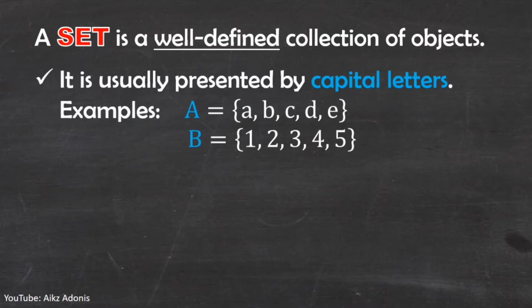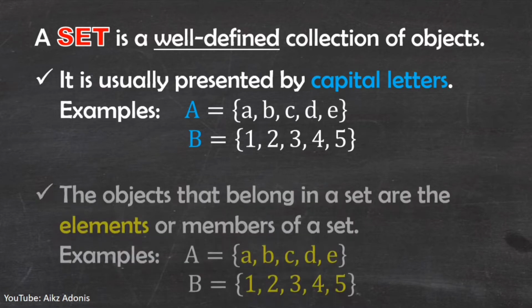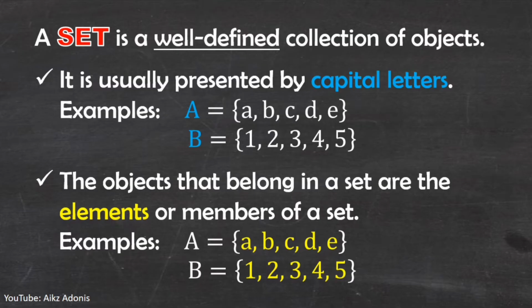A set is usually represented by capital letters. For example, set A and set B. And the objects that belong in a set are the elements or the members of the set.